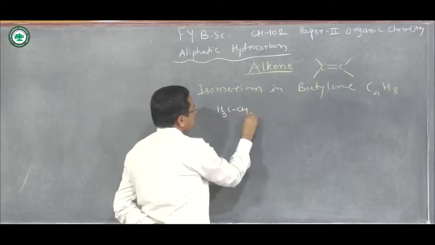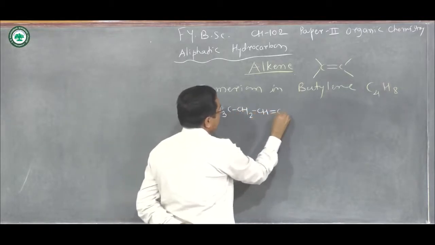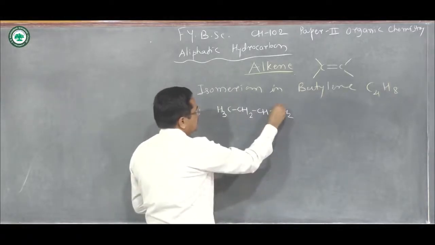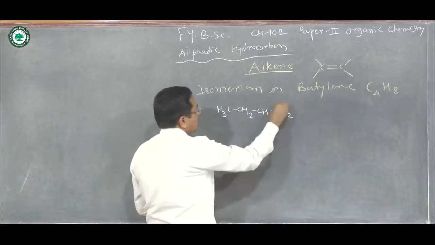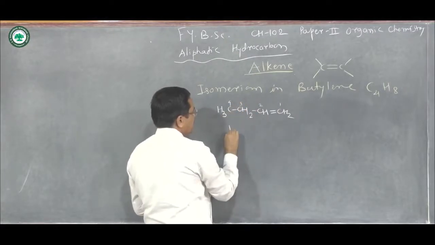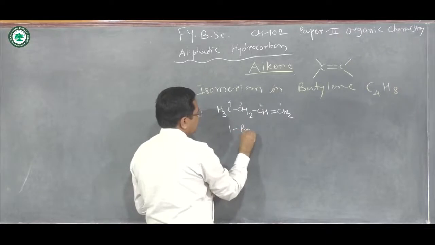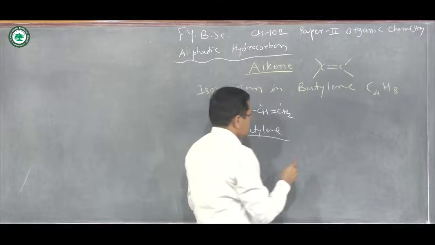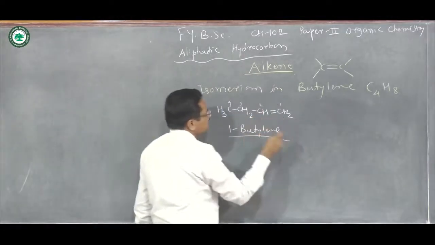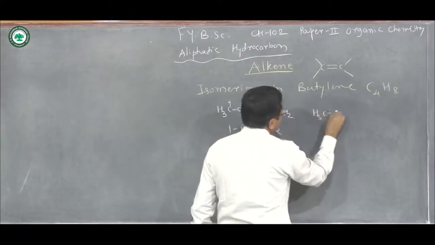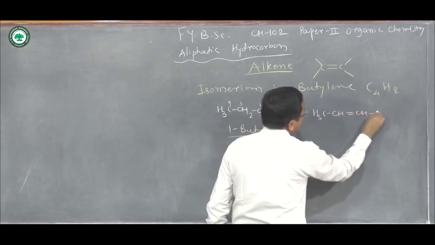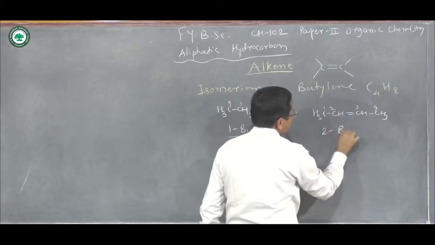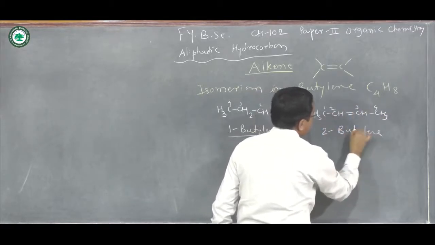So CH3, CH2, CH double bond, CH2, and this is 1 butylene, and suppose this double bond is present in between second and third, then this is 2 butylene.